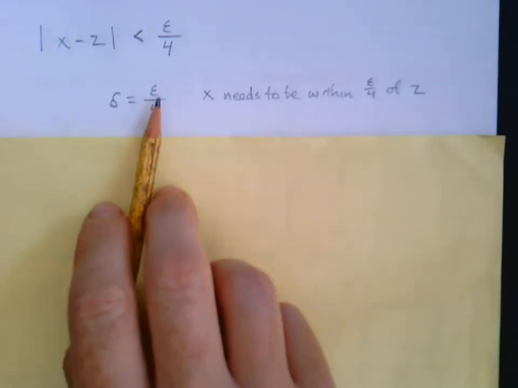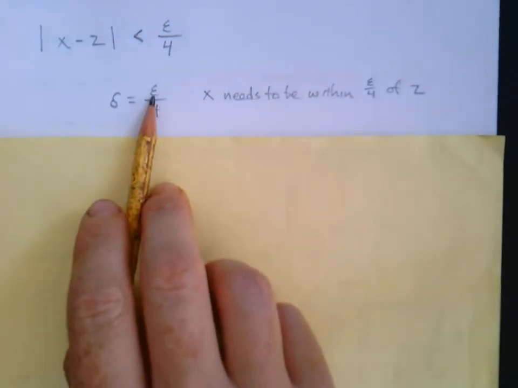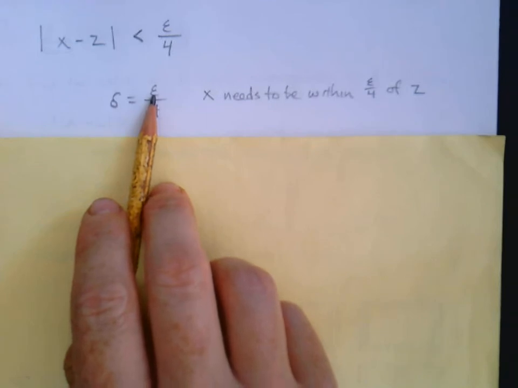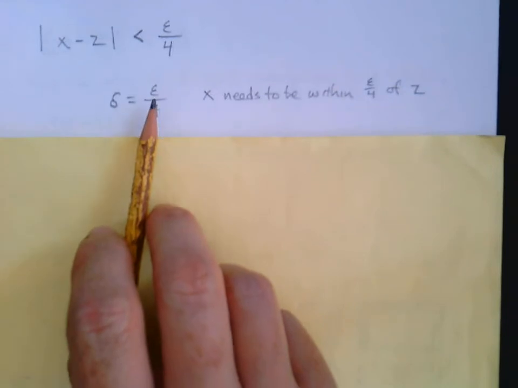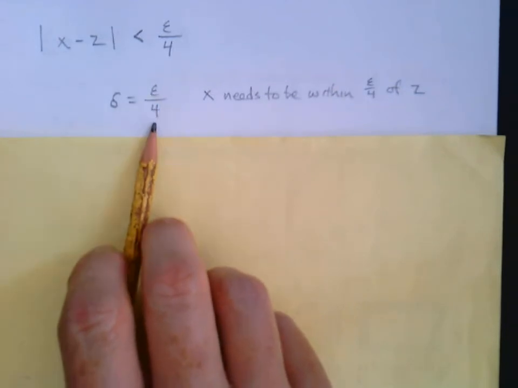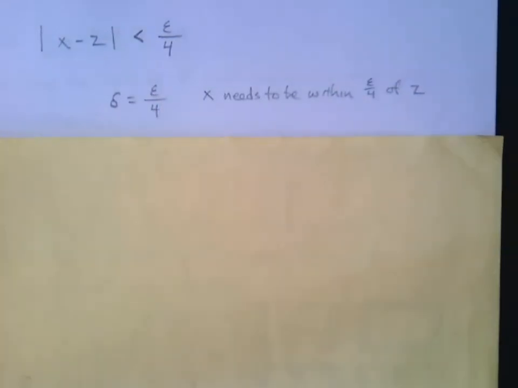Maybe you want epsilon to equal not 0.1, but 0.01. If you want your function to be within 0.01 of 7, divide it by 4, and that will be how close x needs to be to 2. What is 0.01 divided by 4? Just 0.0025.